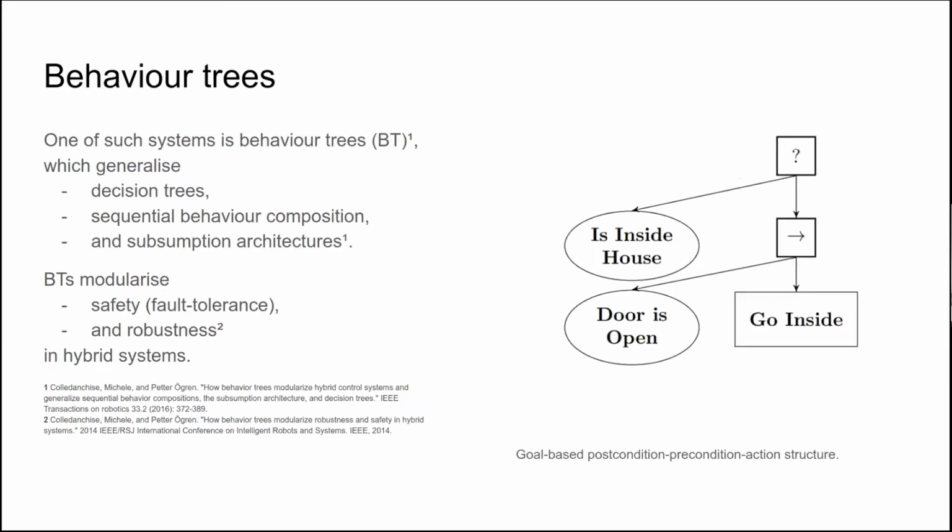One such system is behavior trees. They generalize a number of different planning architectures, but most importantly, they're robust, and they help to achieve priority of safety in a modular way, which means they're easy to program, and there's less possibility for human error. On the right here, you can see an example of a behavior tree.